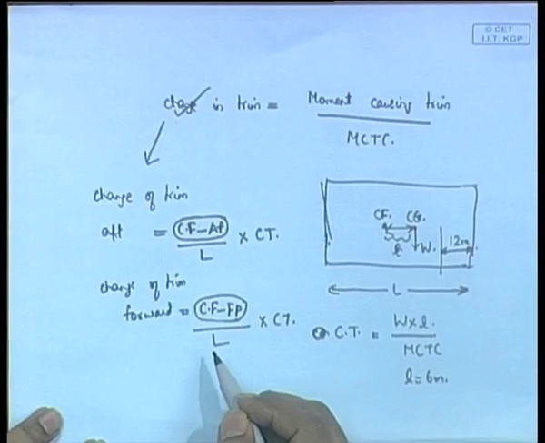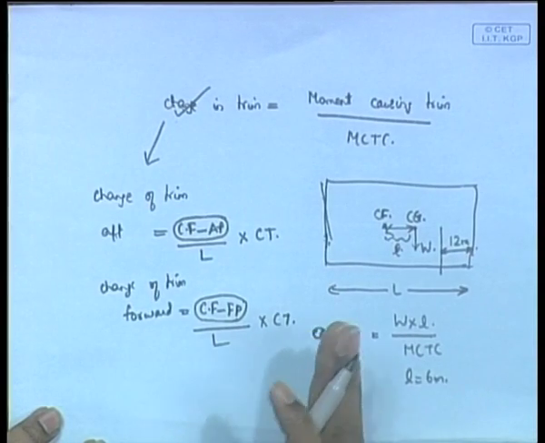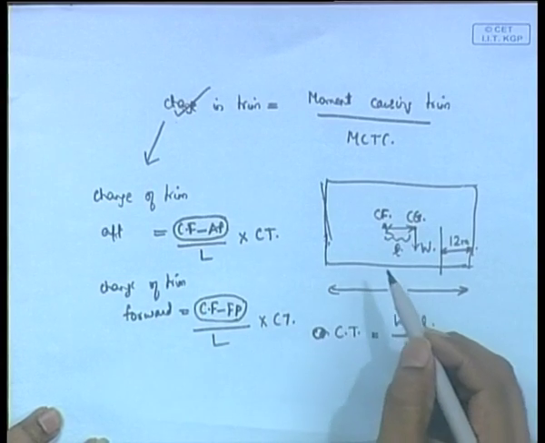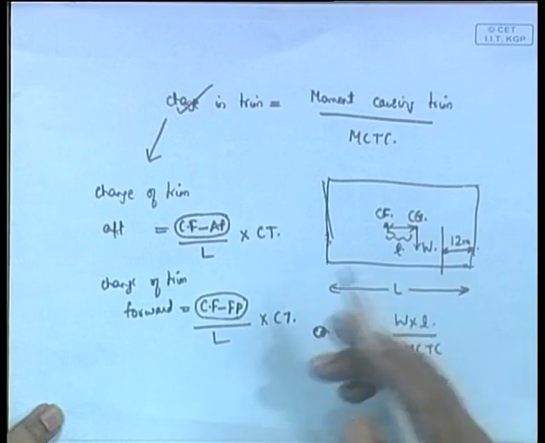Now, the same thing can come in mathematics as plus and minus if you are very careful, and that is definitely a good way of doing it. If you have the proper positive and negative, you will get whether the draft should increase or decrease.